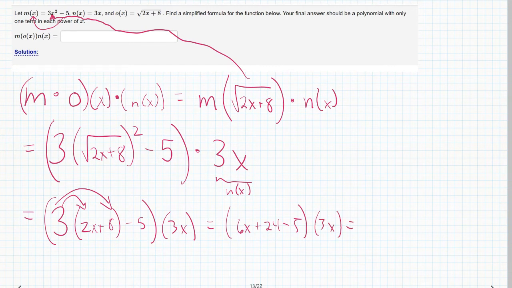And so notice that makes 6x plus 19 times 3x. So what is that going to make? That makes 18x squared, and then we'll have plus 57x, I believe. And that's our final answer.